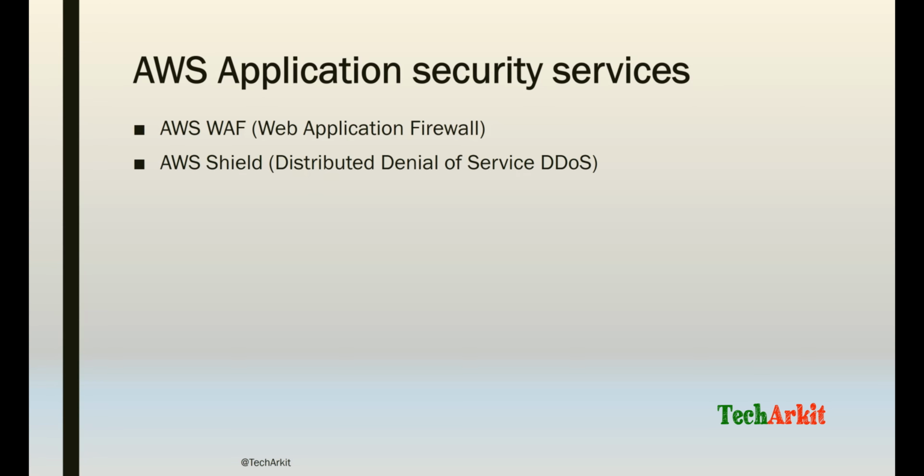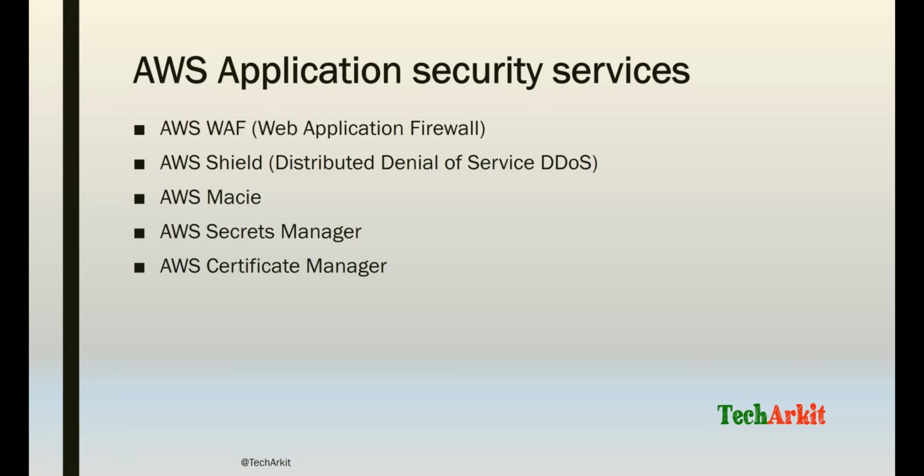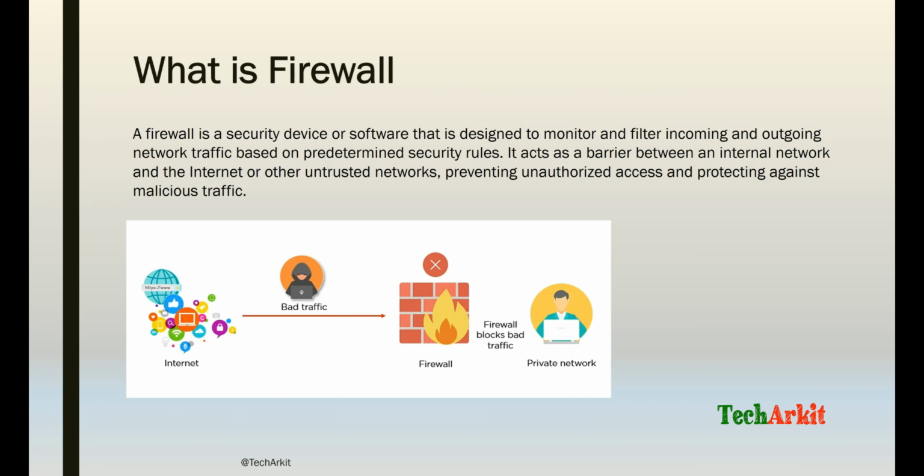Next is AWS Shield, for Distributed Denial of Service, which protects against DDoS attacks. Then AWS Macie, AWS Secrets Manager, and AWS Certificate Manager. These are the services here.